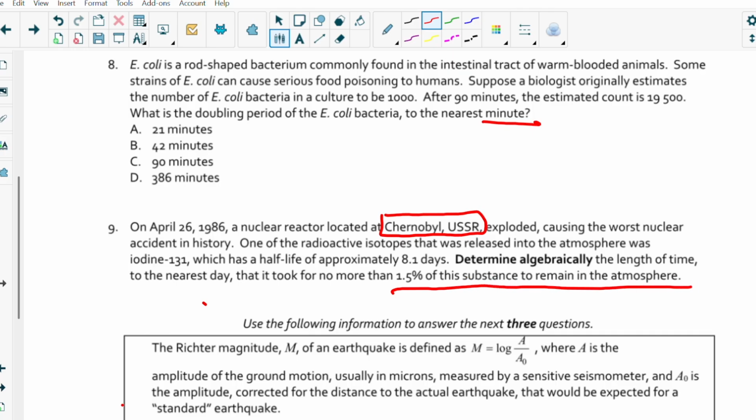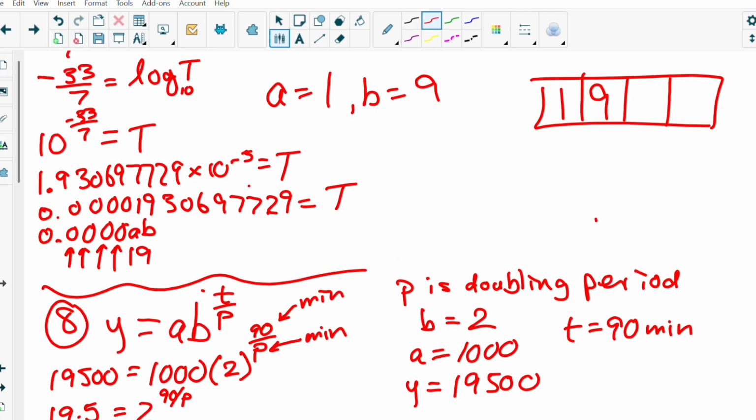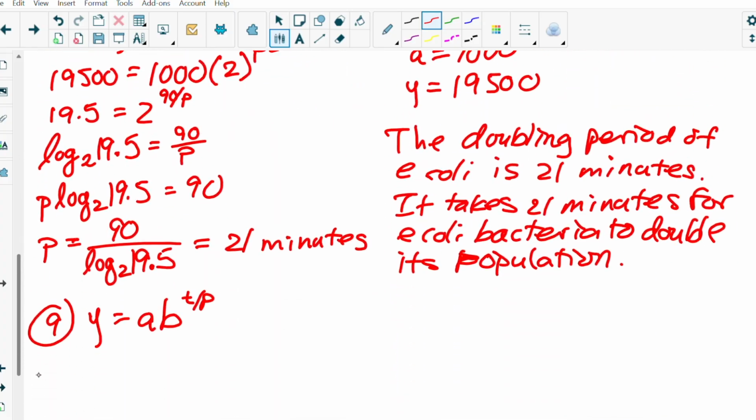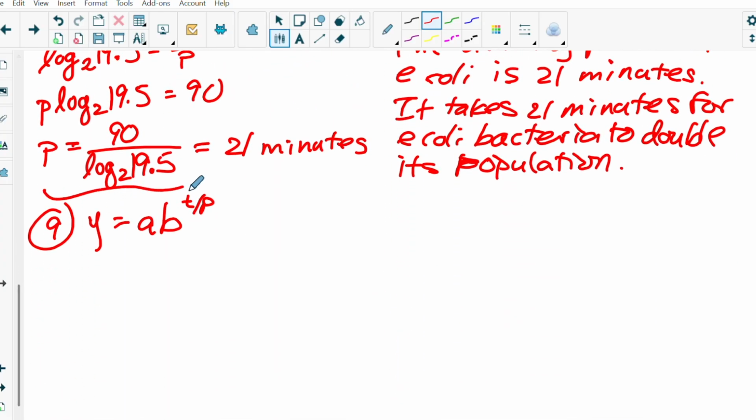Remember when we did these kinds of problems, it doesn't tell us how much we start with. It's just that I want 1.5%. How long does it take for 1.5% of the substance to remain?